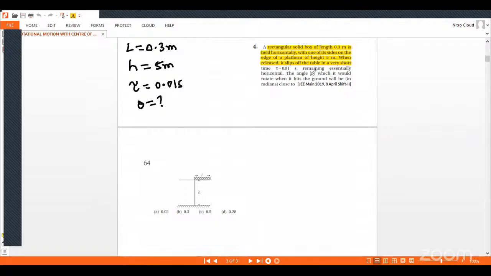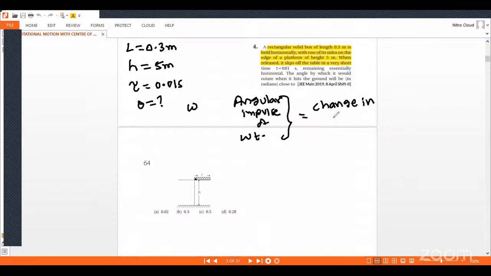Whenever it hits the ground, the angle by which it rotates, whenever it is rotating, it will have an angular velocity. So whenever the solid box is rotating, the angular impulse of weight is equal to change in angular momentum.